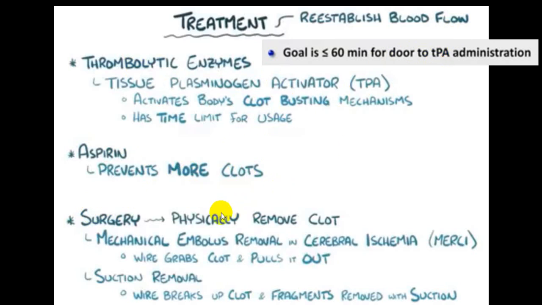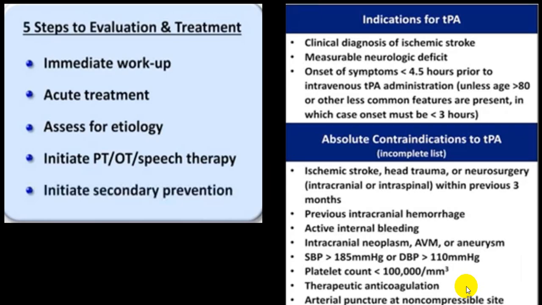You will need to remove it by mechanical embolus removal, called MERCI, mechanical embolus removal in cerebral ischemia, or suction removal. So you remove fragments with suction. This is one of the technologies which can be utilized.